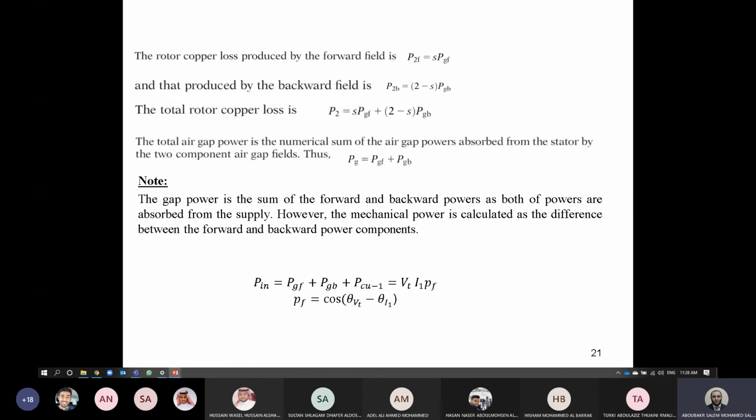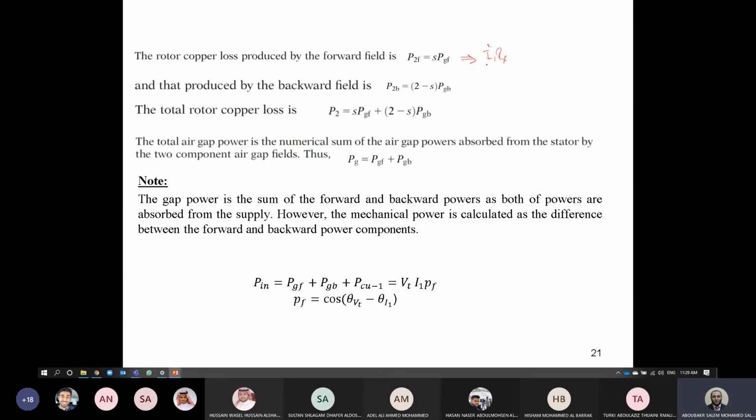So if you would like to calculate the copper loss due to forward flux, it will be B2 forward, which is S B gap forward, which is equal to I1 multiplied by R forward, I1 squared طبعا, صح? Multiplied by R forward.